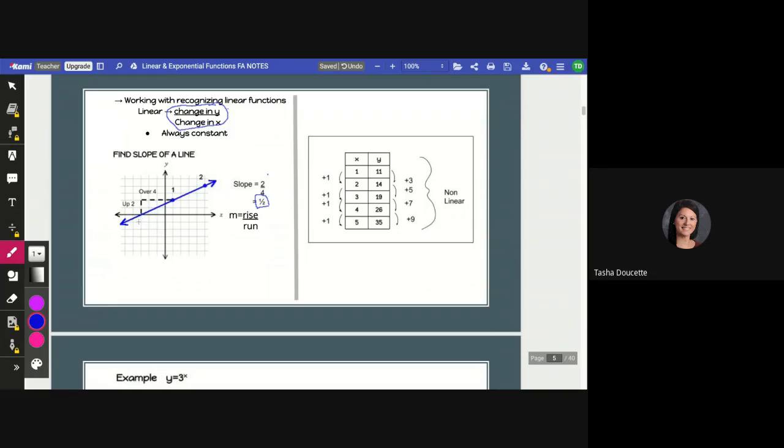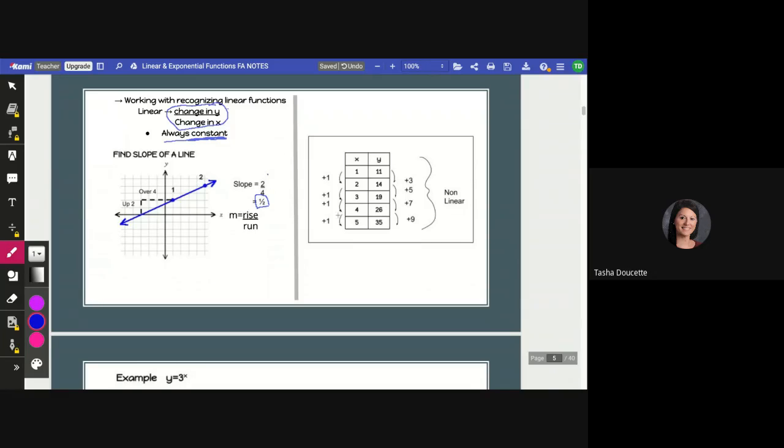Instead of going up 2 over 4, or we could say up 1 over 2, for 1/2, if it changed somewhere, like say the next point was up here, that means my line is going this way, and that's not what we want. That means our line is not linear. So your linear line is always going to have a constant slope.